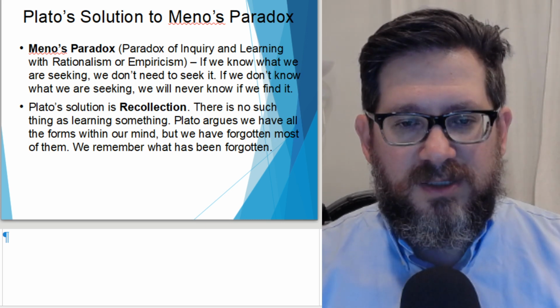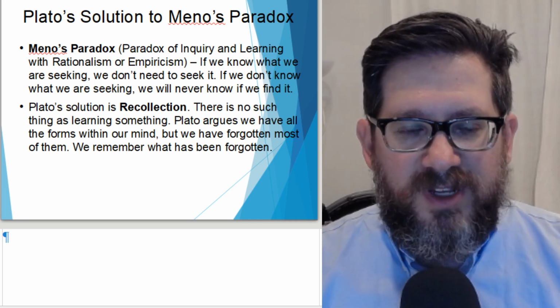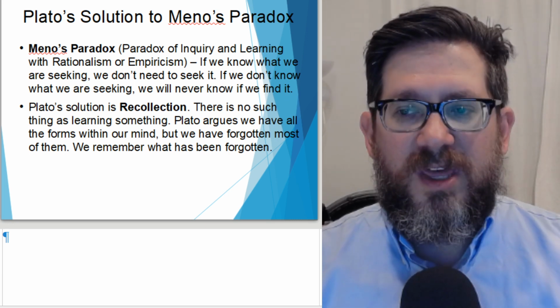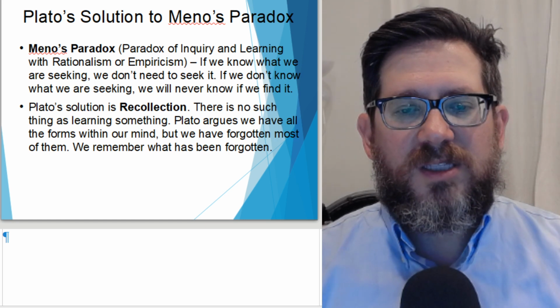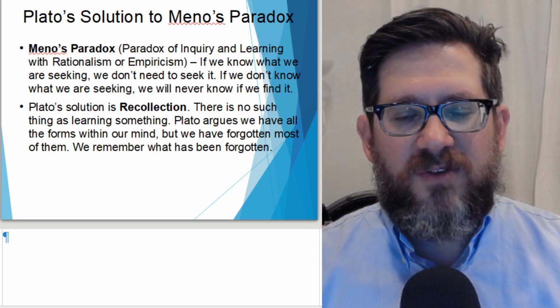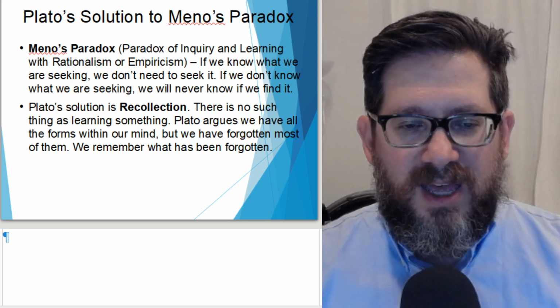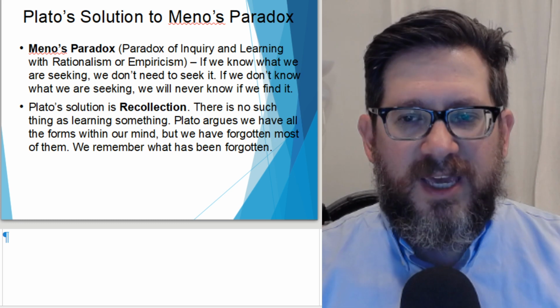On the other hand, if we don't know what we're seeking, right? If we don't have these definitions, ideas, principles, essences already within us, and this is the empiricist side, then if we start by going out and just experiencing the world, how will we ever know what it is we're looking at?